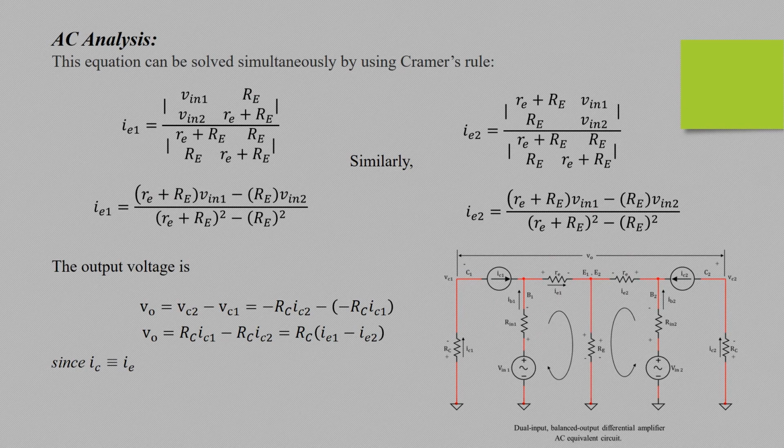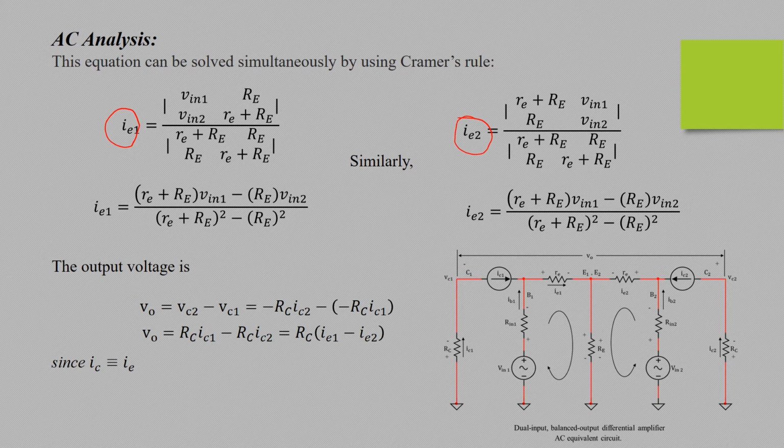Now we have to solve the above equations by using Cramer's rule. So applying Cramer's rule, we can write these equations for IE1 and IE2 in the matrix format.